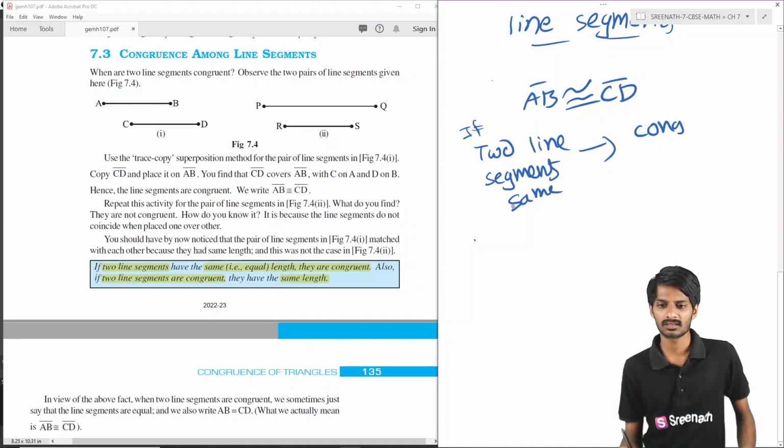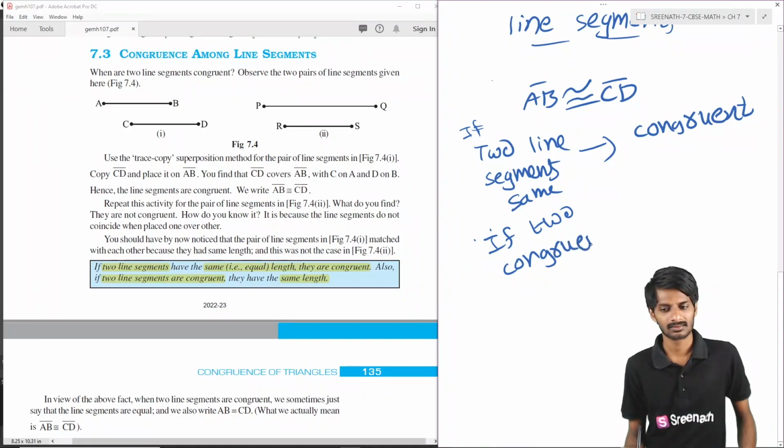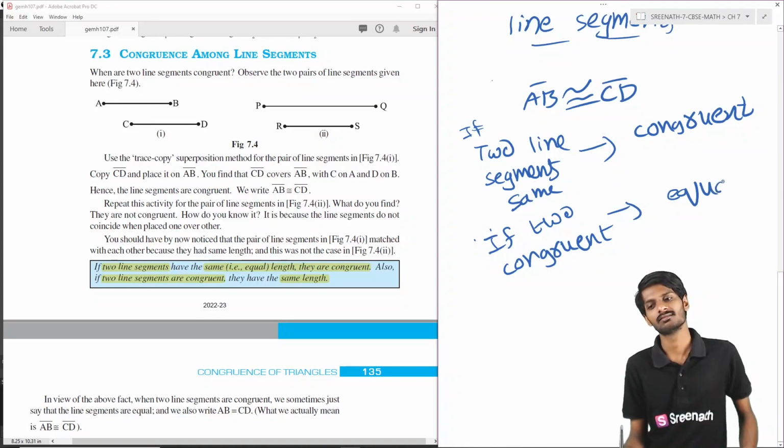And if two line segments are congruent, then they have the same, equal length.